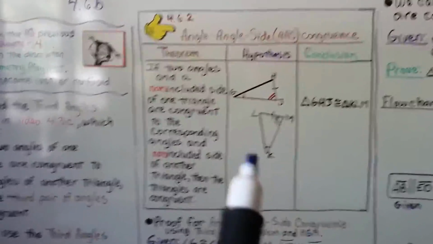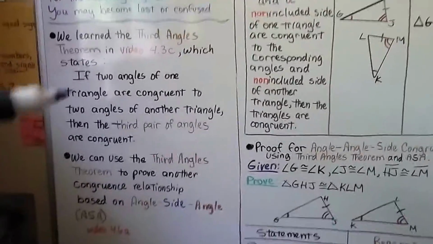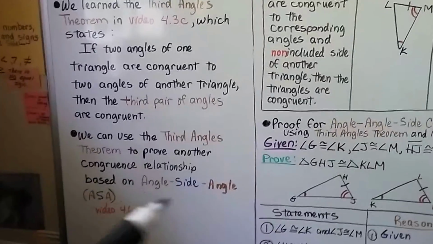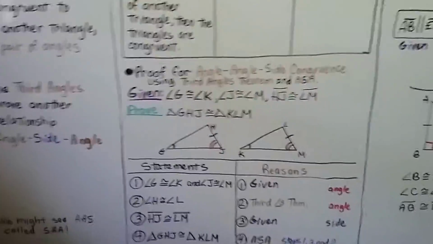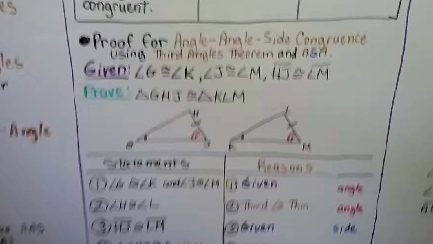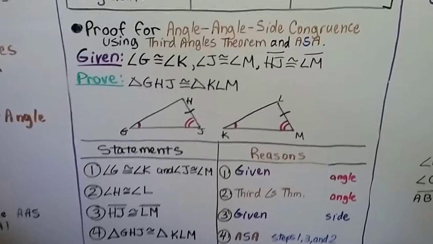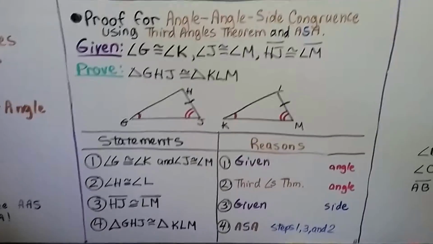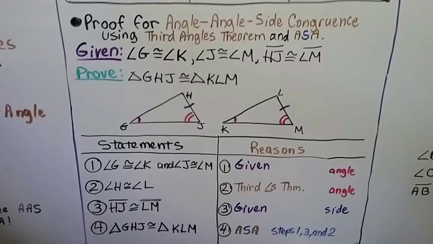So we're learning right now about angle side, but we can use the third angles theorem and ASA as a proof for it. So here's a proof for angle side congruence using third angles theorem and ASA, angle side angle.